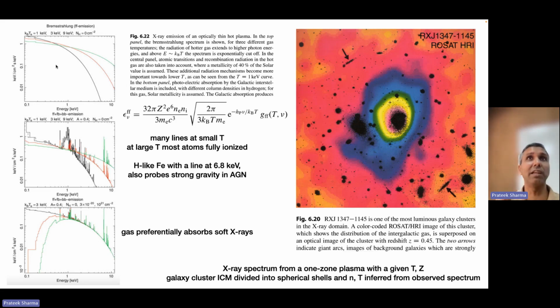This is a thermal emission mechanism, but thermal emission does not necessarily mean black body emission. This has to be extremely clear to you. Okay, thermal emission means that the emitting particles, the emitting electrons, have a Maxwell-Boltzmann distribution function. That's it.